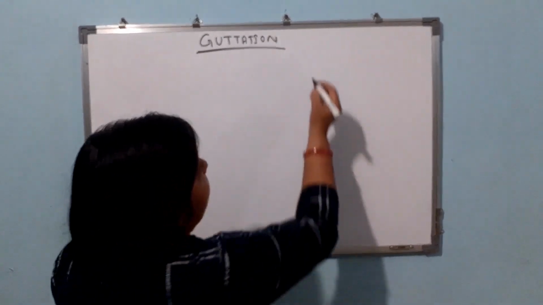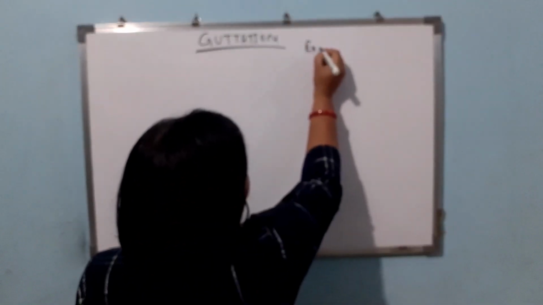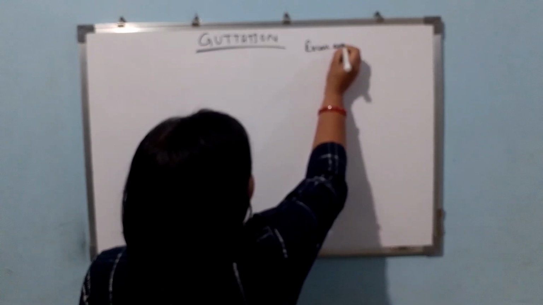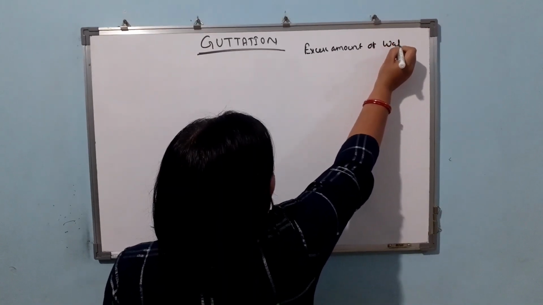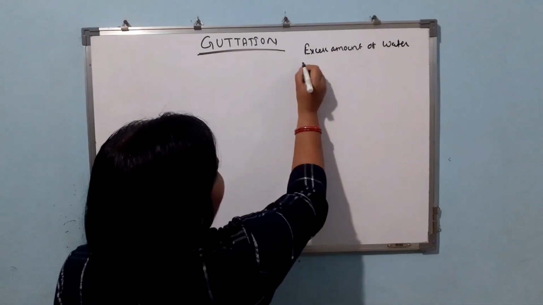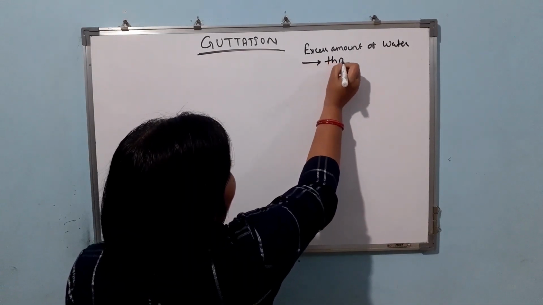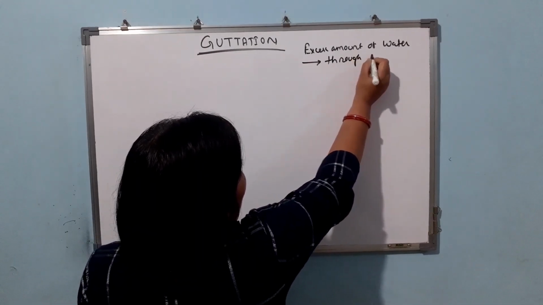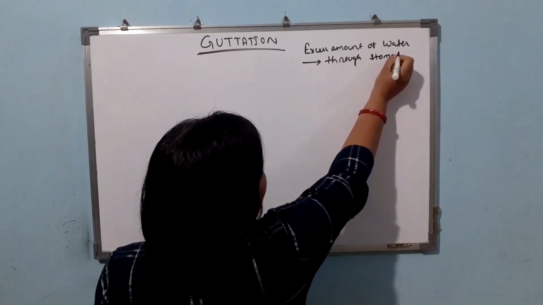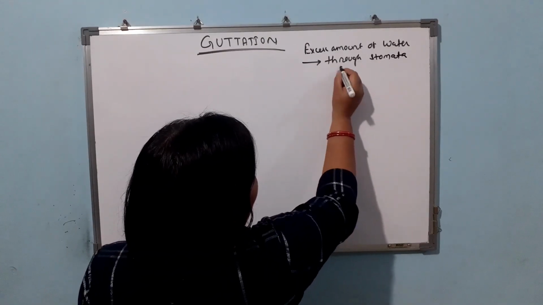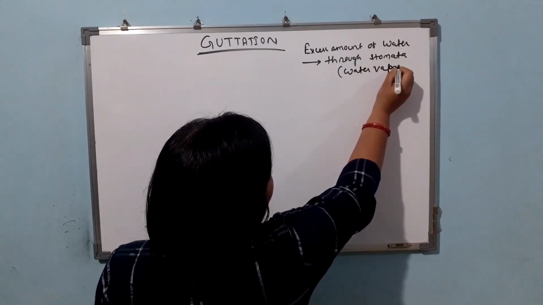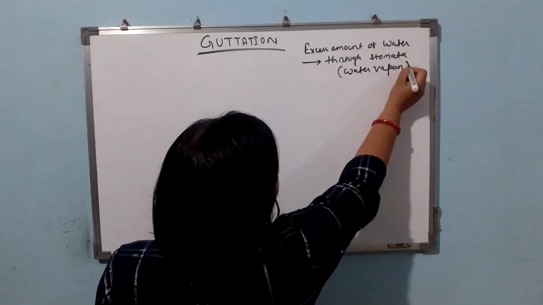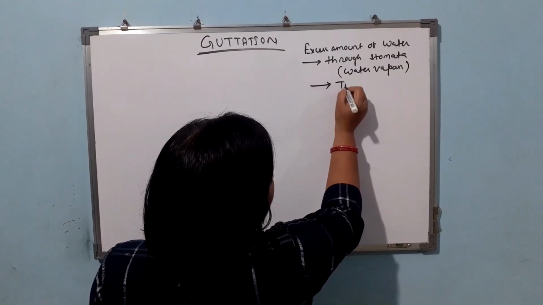As you know, excess water is lost by the plant through stomata in the form of water vapor by the transpiration process.